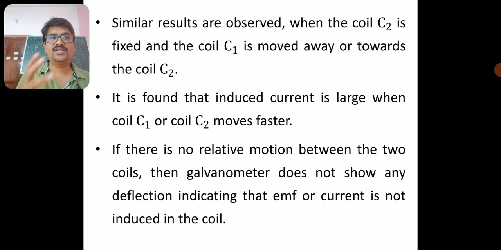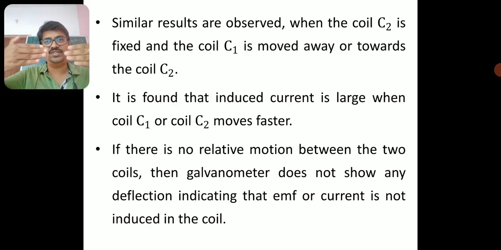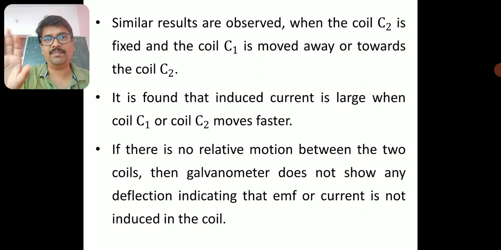Similar results are observed when coil C2 is fixed and C1 is moved towards or away from C2. When you move C1 towards C2, the galvanometer shows deflection in one direction. If you move it away from C2, the galvanometer shows deflection in the opposite direction.